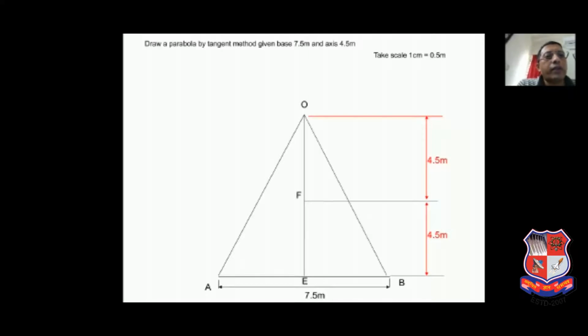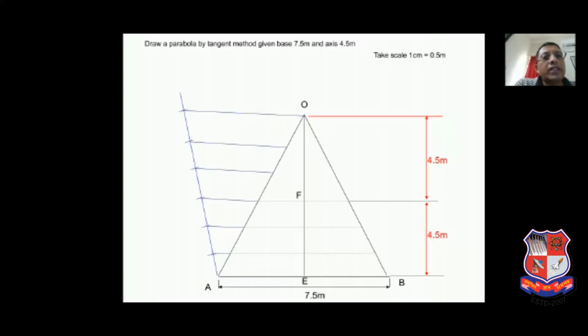Then we join point B to point O. Now next step is to divide AO into any equal number of parts. Then we join these points. So here line AO is divided into 6 equal number of parts.